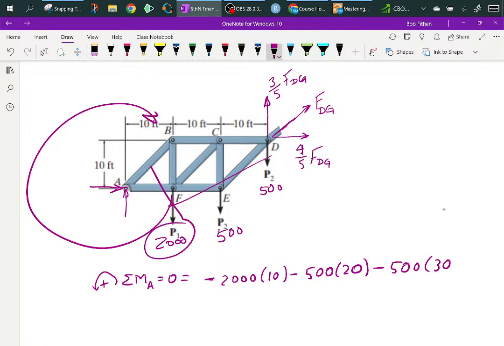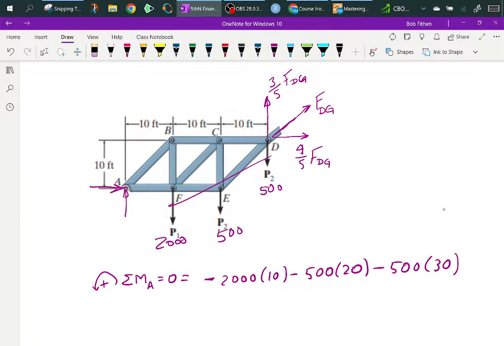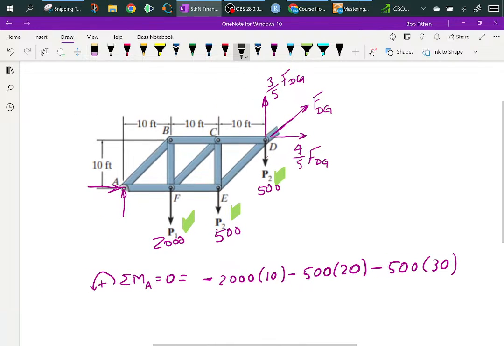So the 2,000 times the 10, the 500 times the 20, and then the 500 times the 30. So that takes care of all those. I took care of here, this, this, and this. Not those two yet.